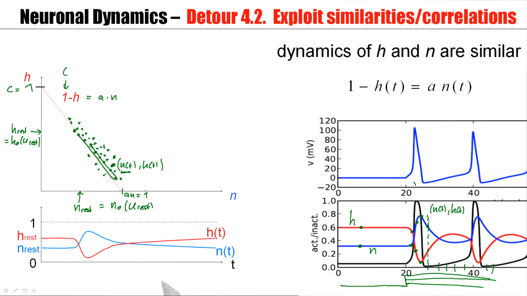Now any arbitrary data point, like this point down out here, can be described by the two coordinates n and h. This is the coordinate system that is sitting here at the origin, and this is the direction of the n variable, this is the direction of the h variable.